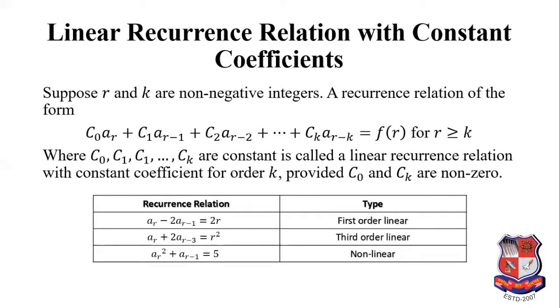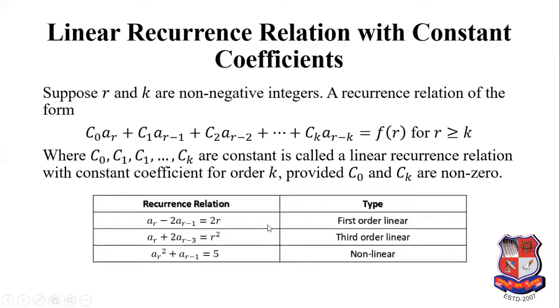First is AR minus 2AR minus 1 is equal to 2R. This particular relation is known as a first order linear recurrence relation. To get the order of that, just consider the subtraction of the highest suffix and the lowest suffix, that is R minus (R minus 1).